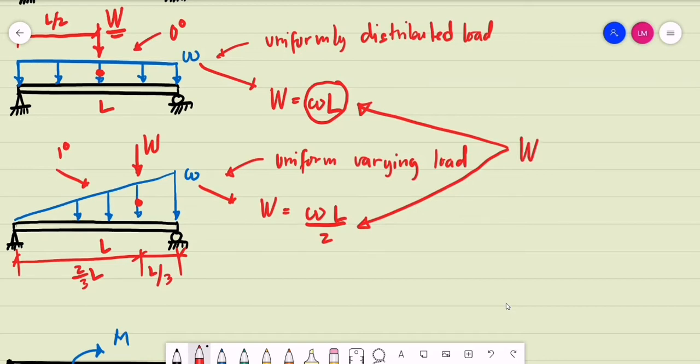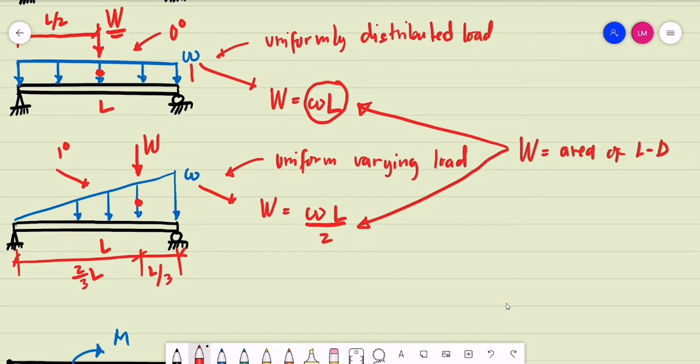Basically, computing for the single equivalent force of a given loading is equal to the area of the load diagram, or LD. As you can see on our rectangular loading, that is simply the height times the length.